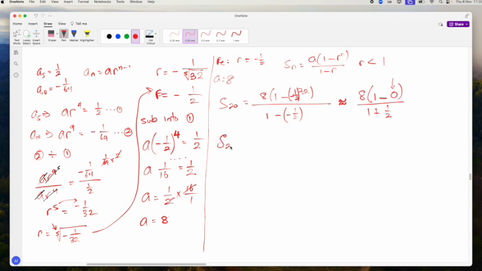So S of 20 is going to approximate to 8 divided by, because 8 times 1 is 8, and over here I'll have 3 on 2, which gives us 8 multiplied by 2 on 3, which gives us 16 on 3.